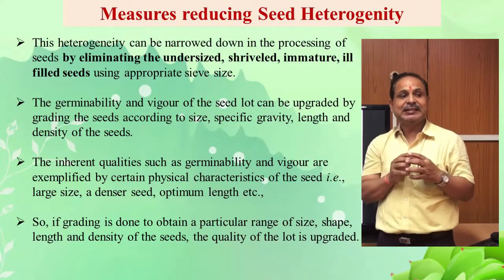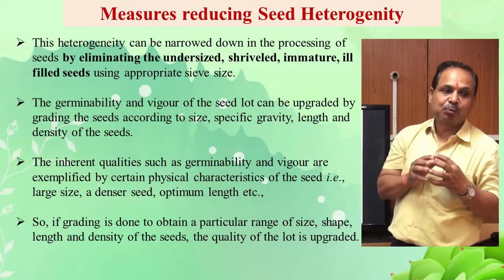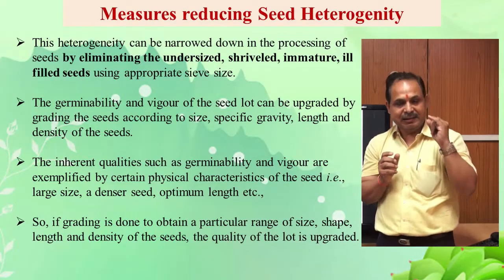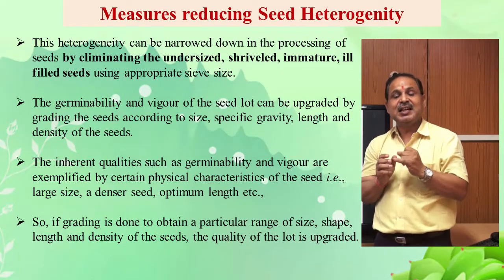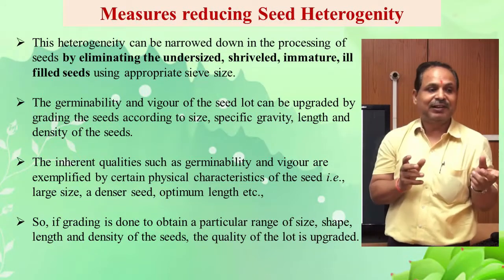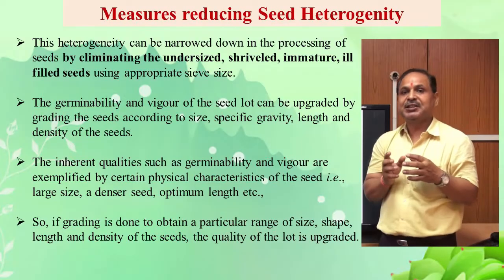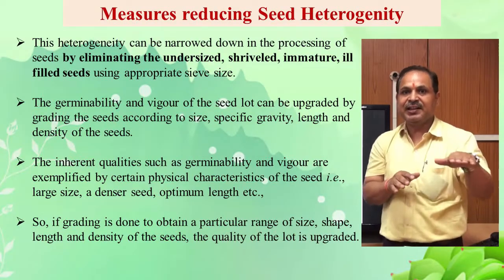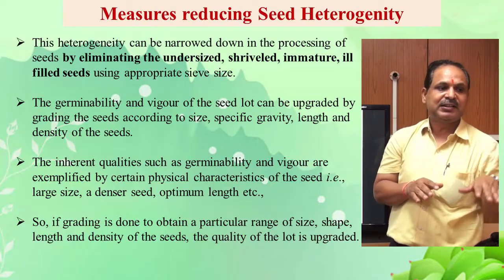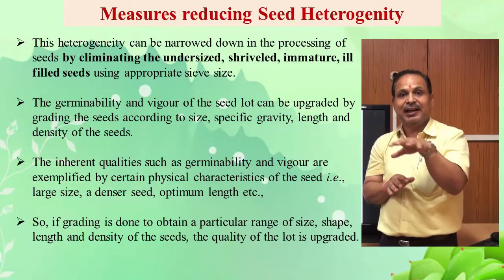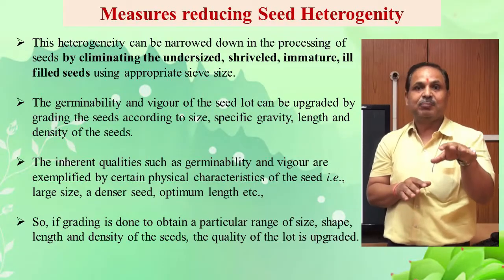Some of the measures which can be taken for reducing seed heterogeneity are as follows. Eliminating the undersized seeds, shriveled seeds, immature seeds, or ill-filled seeds using the appropriate sieve size. There are different sizes of sieves for grading, for removing the heterogeneity in size with respect to the length and the width of the seeds.